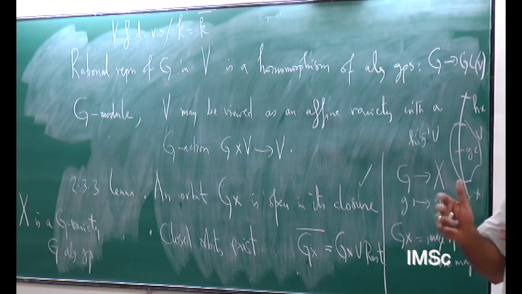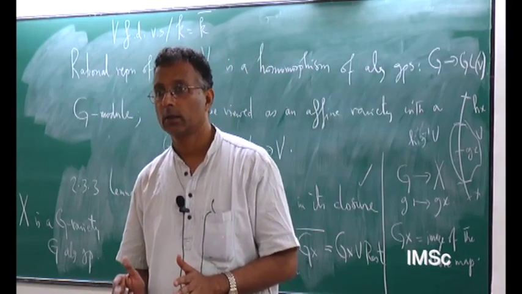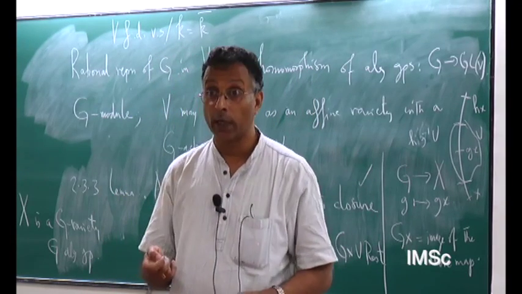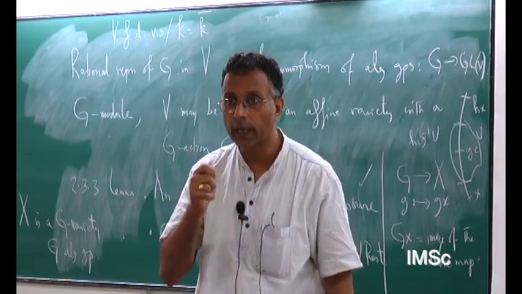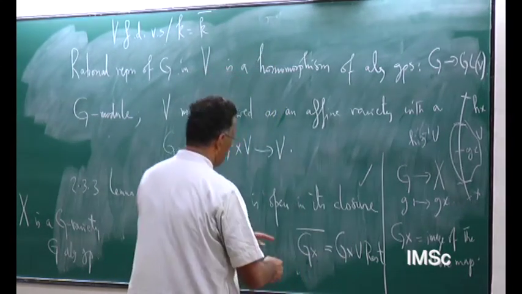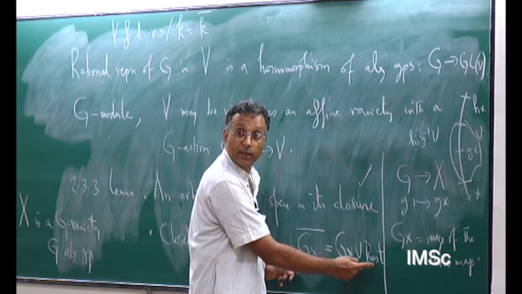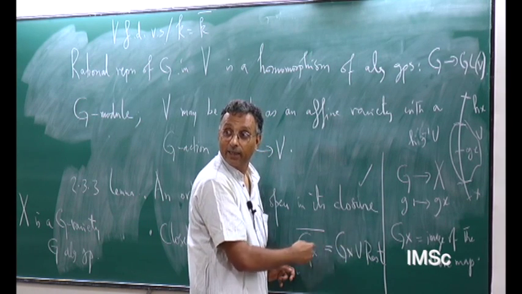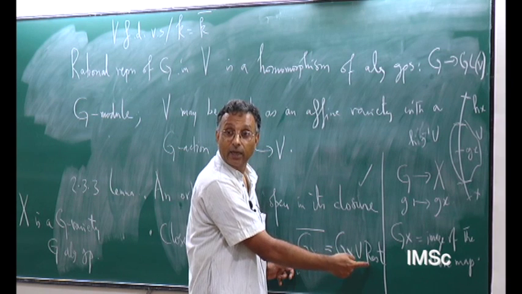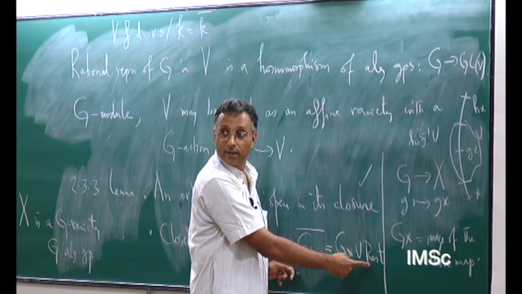I take G invariant closed sets, and there is a minimal one. That minimal one has to be closed. Why? Because if not, then you can break it up like this, and if there is something non-trivial here, its closure is contained here, and it will be G invariant, and strictly less than this.